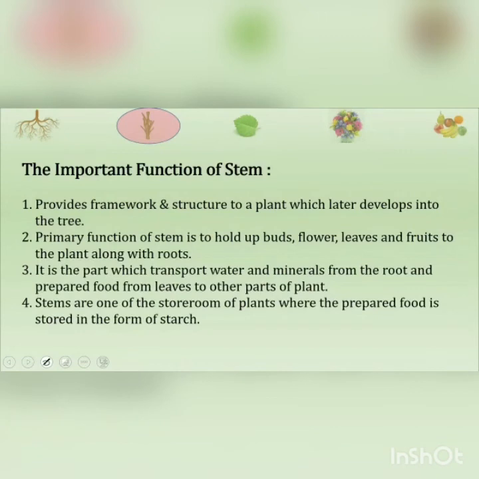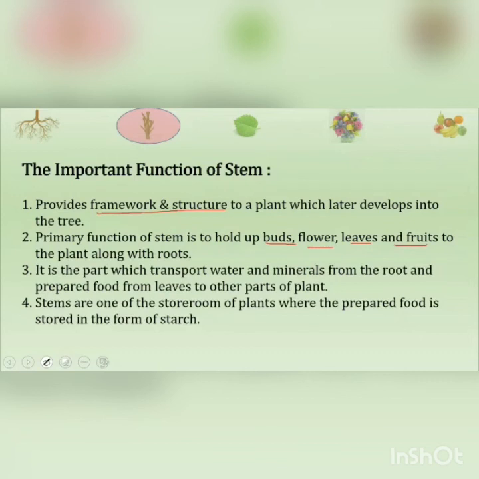Let us see the important functions of the stem. It provides framework and structure to the plant, which later develops into the tree. It typically gives shape to the plant, how the plant will form or later develop into a tree. The primary function of the stem is to hold up buds, flowers, leaves and fruits of the plant along with roots.